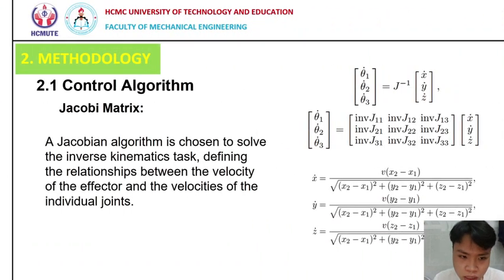The Jacobian algorithm is chosen to solve the inverse kinematic task for the two tasks we just described. It defines the relationship between the velocity of the effector and the velocity of the individual joints. Why?